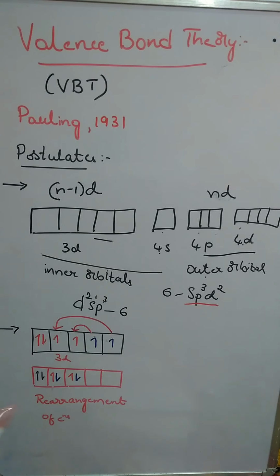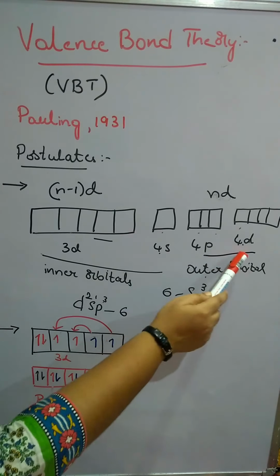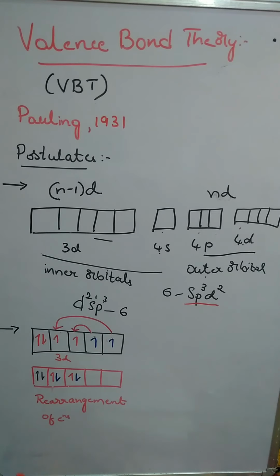If it is taking outer d orbitals, then they are called outer orbital complexes. When it is undergoing the hybridization, if the inner d orbital has unpaired electrons, then the electrons may rearrange themselves.